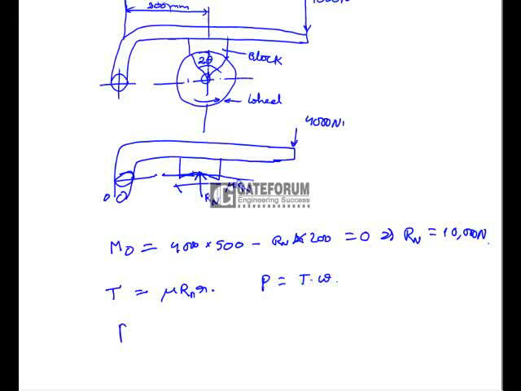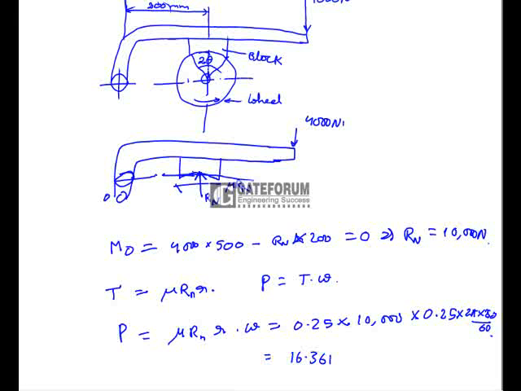So the total power is equal to mu into Rn into R into omega, where mu is 0.25, Rn is 10,000, R is 250 mm or 0.25 meters, and omega is 2 pi n by 60, that is 2 pi into 250 by 60. So it gives a value of 16.36 kilowatts. So in the options, the right option is A.